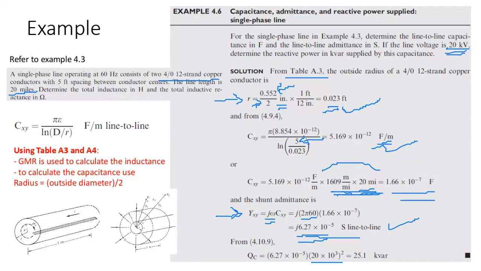By the way, if you're given a 3-phase and the line voltage is 20 kV, this is giving you the line voltage. So therefore, it's the line voltage. It means from line to line.